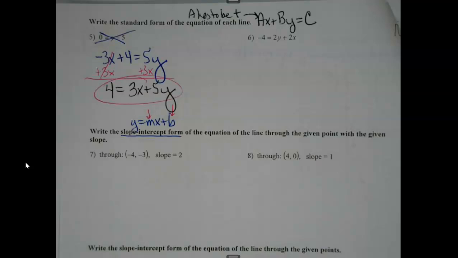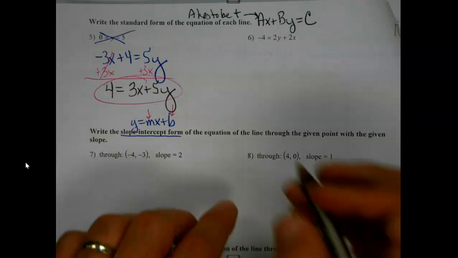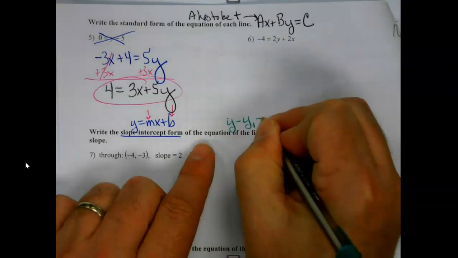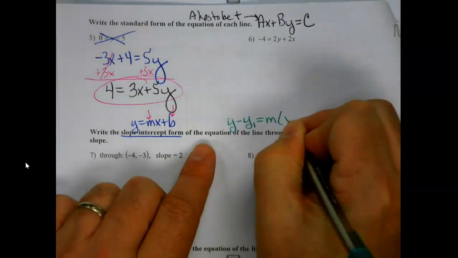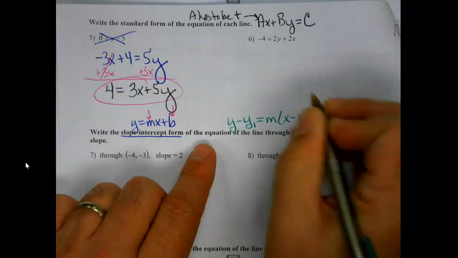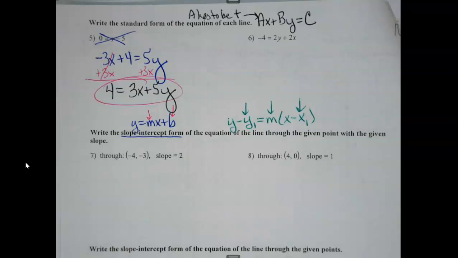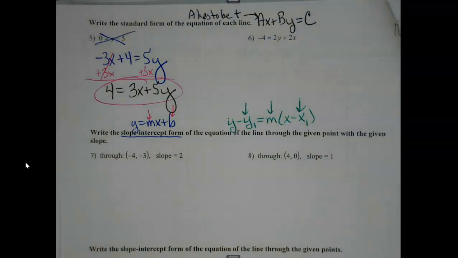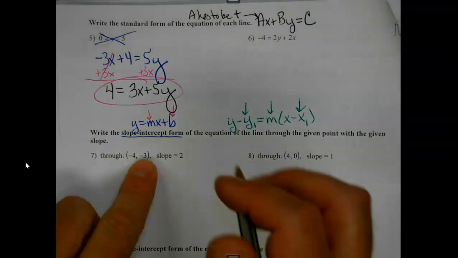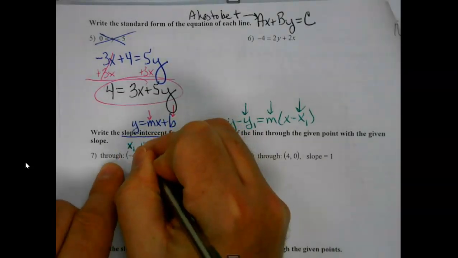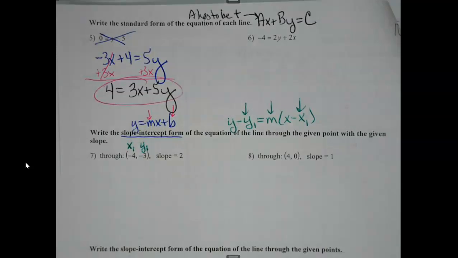So here's one way you can go about it. We could use point slope form. This is what we did when we did this lesson. This is one-stop shopping where I can get everything done at once. So these 2 points are x1 and y1.